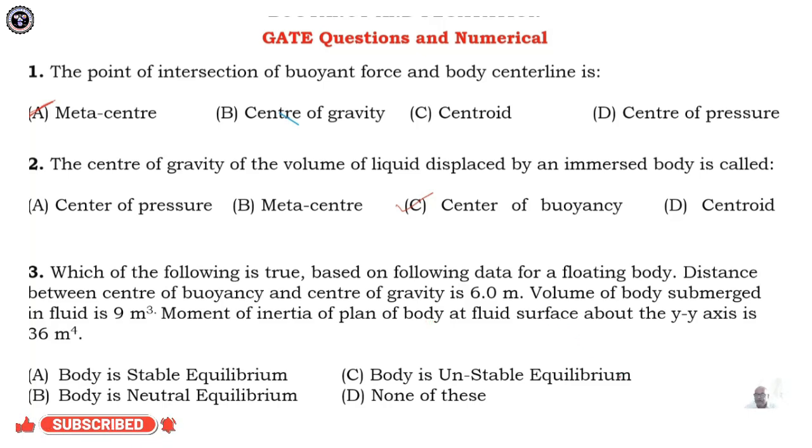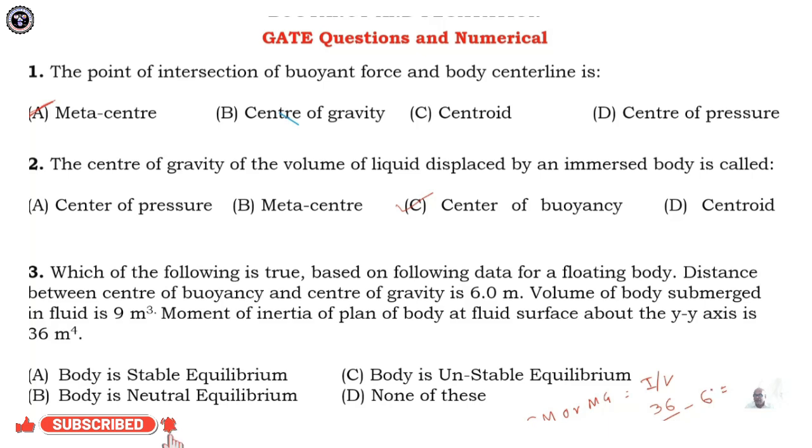So here GM equals I upon V minus BG. I is 36 and volume is 9, and the distance between the center of buoyancy and the center of gravity, BG, is 6.